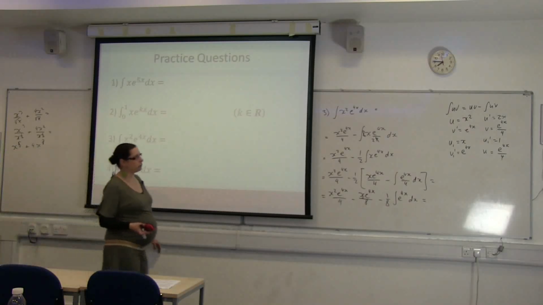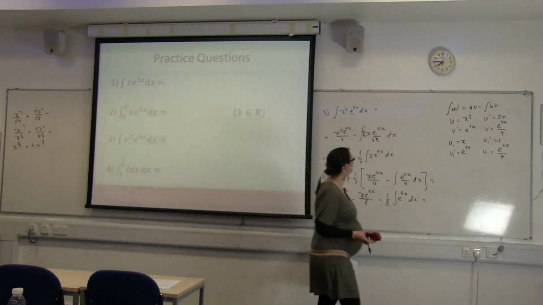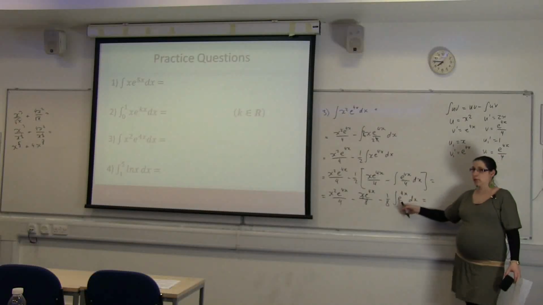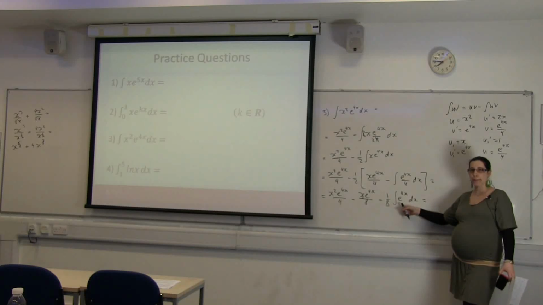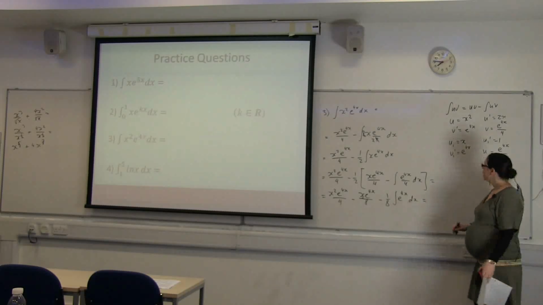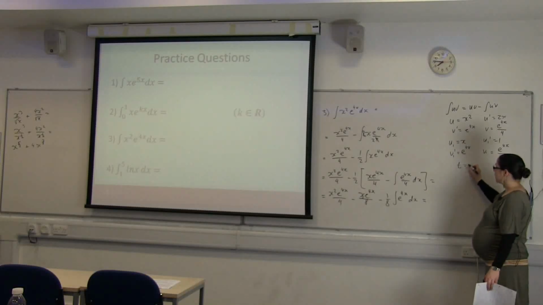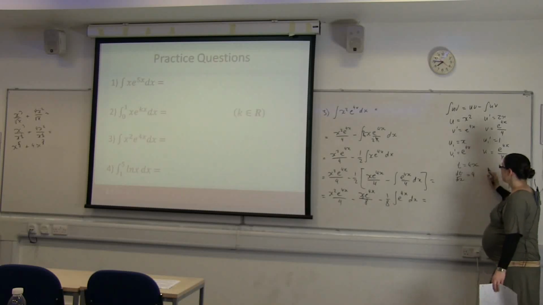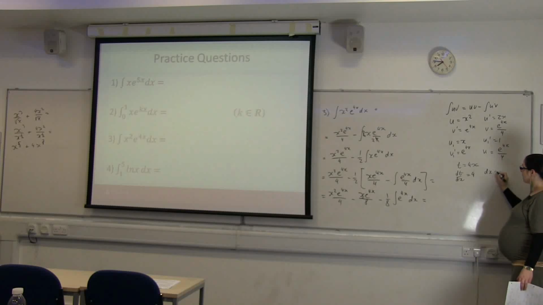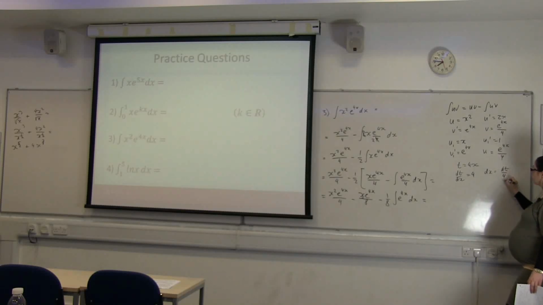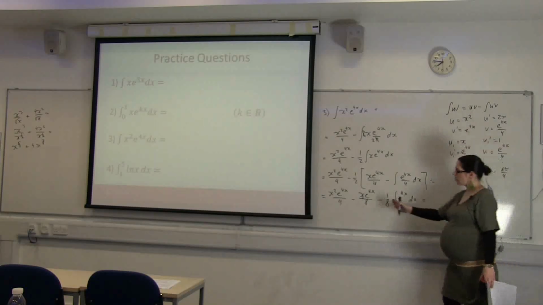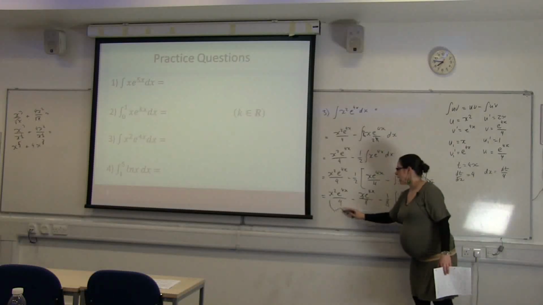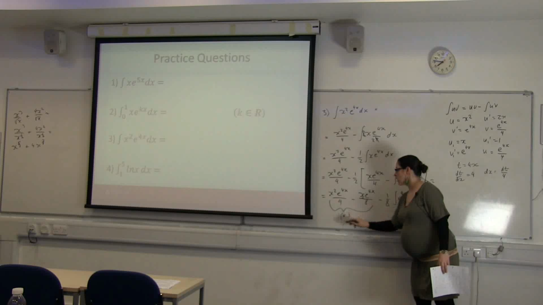And then what would you do now? I still have e to the 4x, so I'm going to use the substitution again. So t is going to be 4x, dt/dx is going to be 4, so dx is equal to dt over 4. The first two terms do not change, so this stays the same. I'm just going to call that a star.